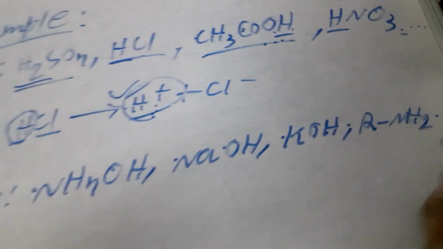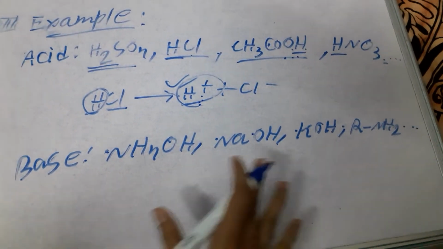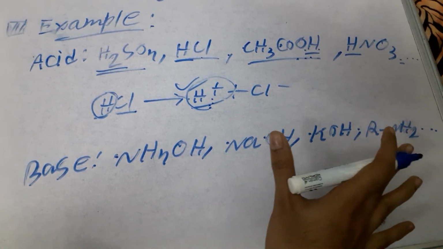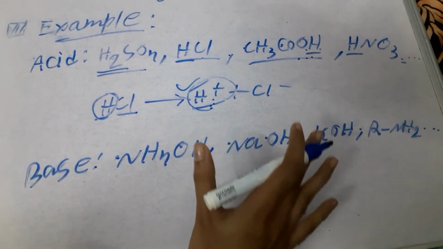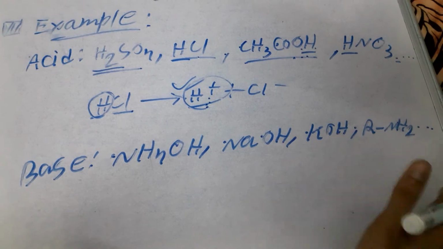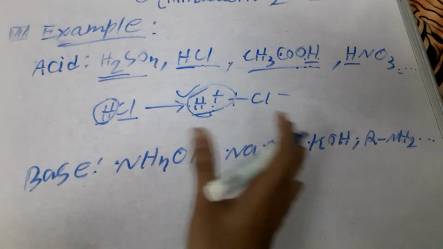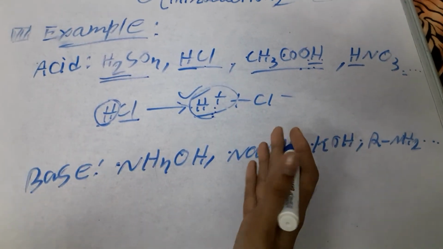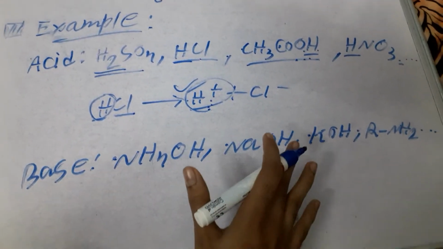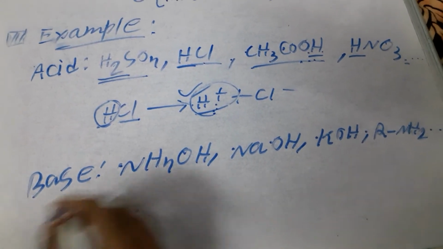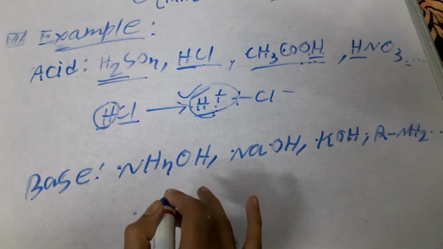Bases have a similar character to acids, but I say the base range is in between 8 to 14 and acid is in between 0 to 7, 0 to 6, sorry. These are the ranges. Now these are the examples of acid and base.